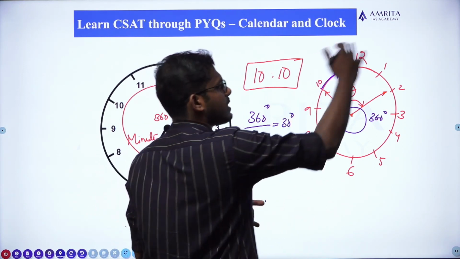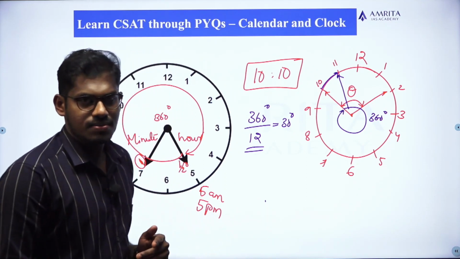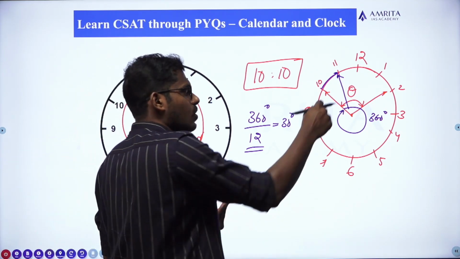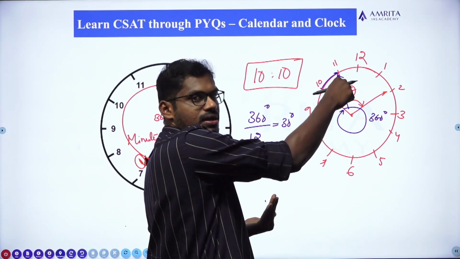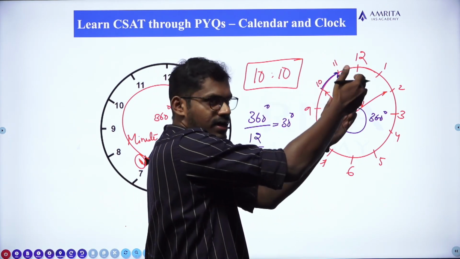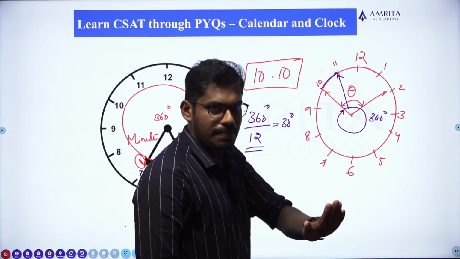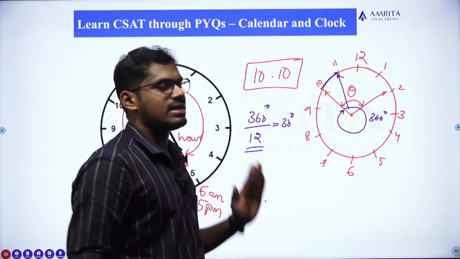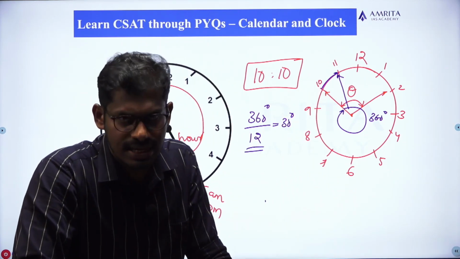Why 12? Because it contains 12 elements or 12 units. So in order to cover 1 unit, which means to move from 10 to 11, that is to cover 5 minutes, the minute hand makes an angle of 30 degree.